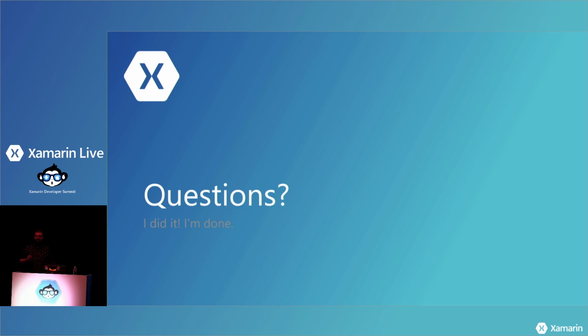Not only did it make the build faster, but default apps that were hitting the multi-dex limit before were not hitting it anymore, because we were doing a call in a way that put every ID in the whole app in there multiple times, and most of these weren't used. So that's a good blog post if you go to blog.xamarin.com and look for my name. That might be something interesting to look for.